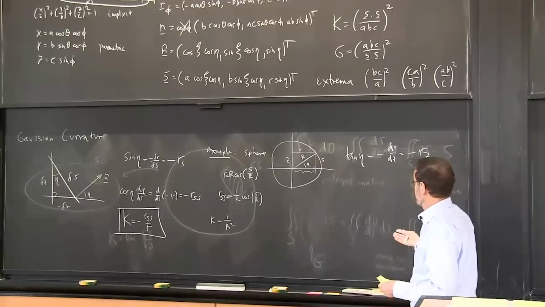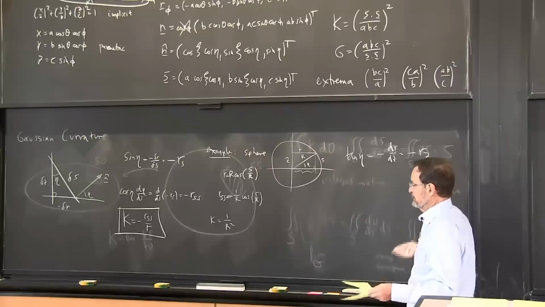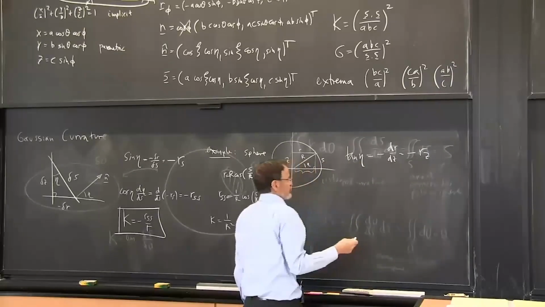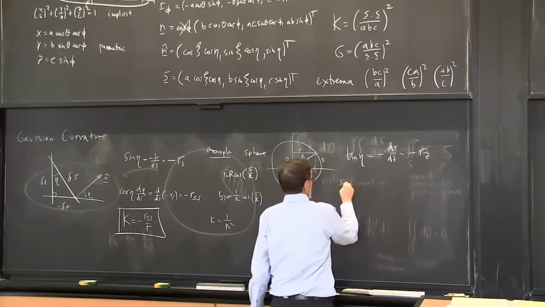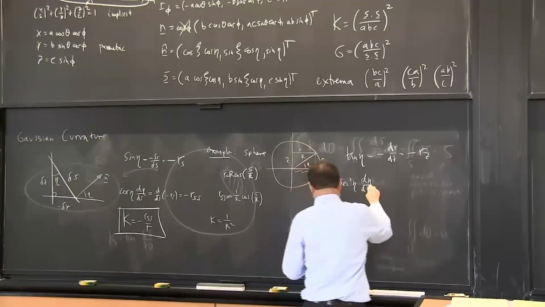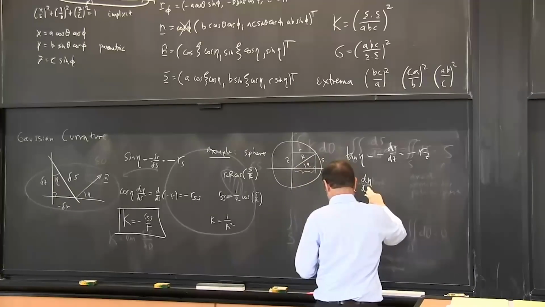And again, I need secant or cosine or something. So I can differentiate this with respect to s, and I'm going to get secant squared eta d eta ds.